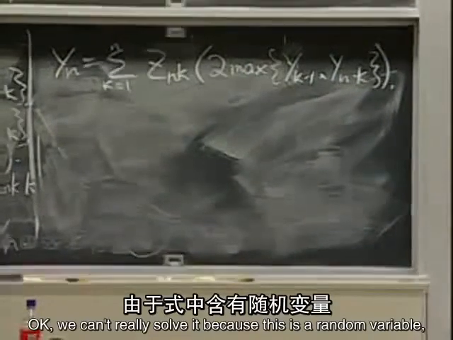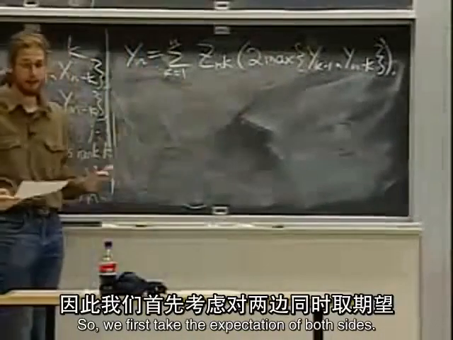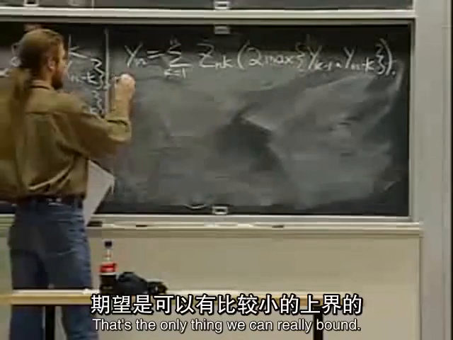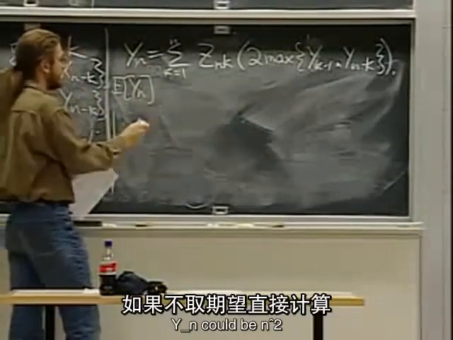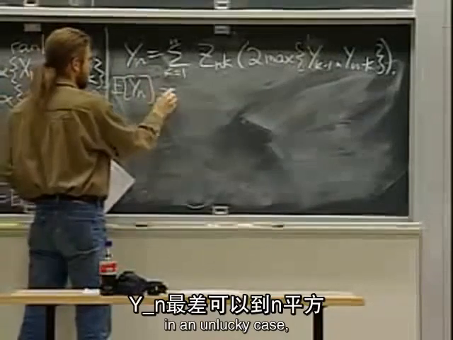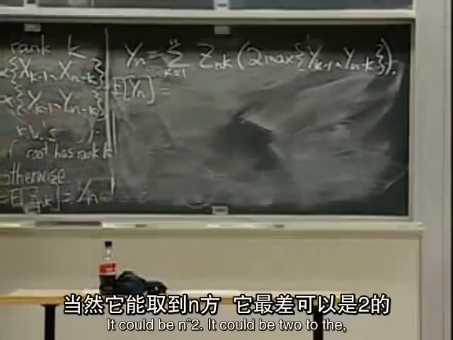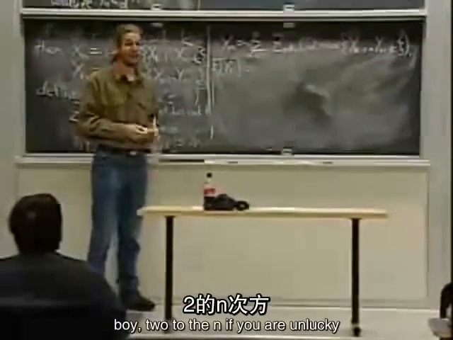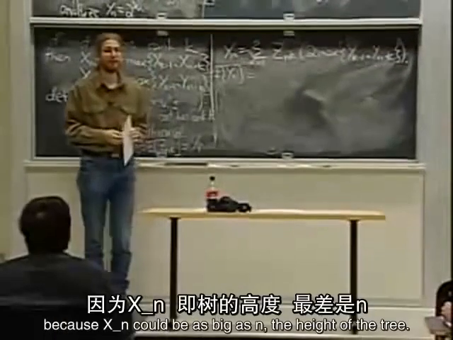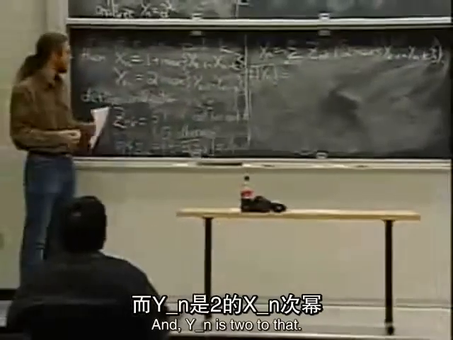We can't really solve it because this is a random variable, talking about recursive random variables, so we first take the expectation of both sides. That's the only thing we can really bound. Yn could be n squared in an unlucky case. Sorry, it could be 2 to the n if you're unlucky, because Xn could be as big as n, the height of the tree, and Yn is 2 to that.